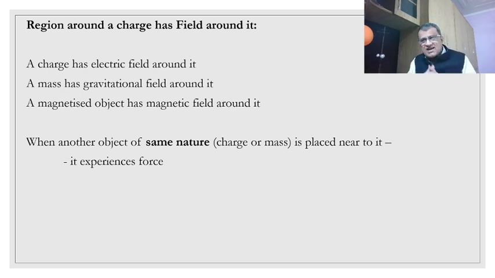A charge has one kind of field around it, and we call it electric field. A mass has another kind of field around it, which we call gravitational field. Likewise, anything which is magnetic in nature has around it a magnetic field.